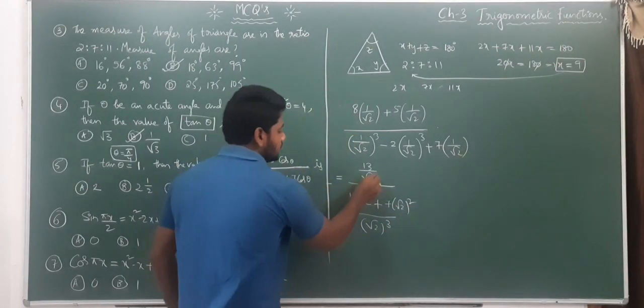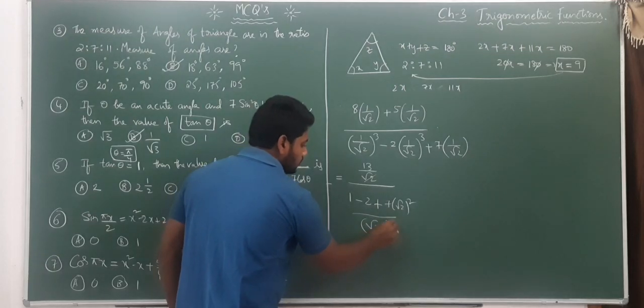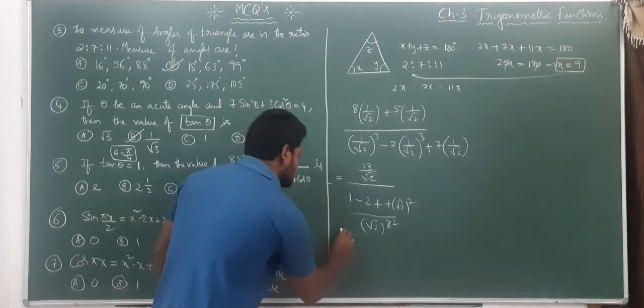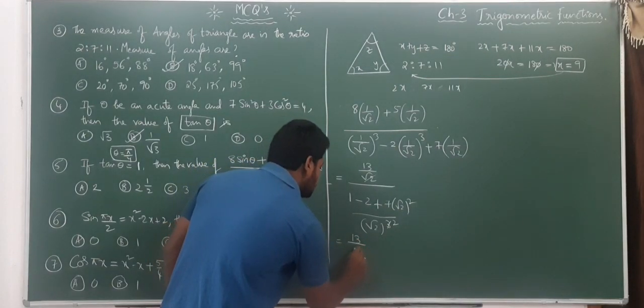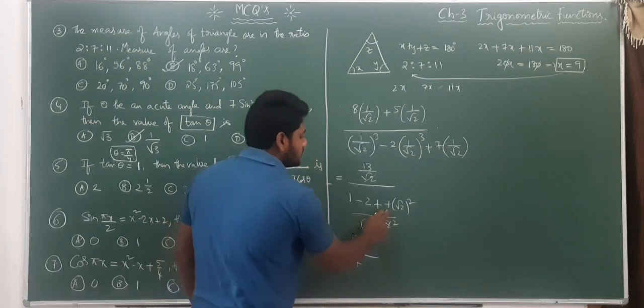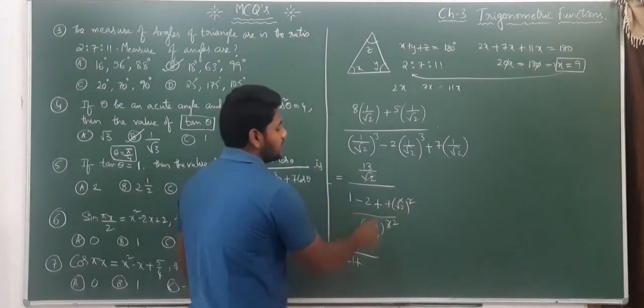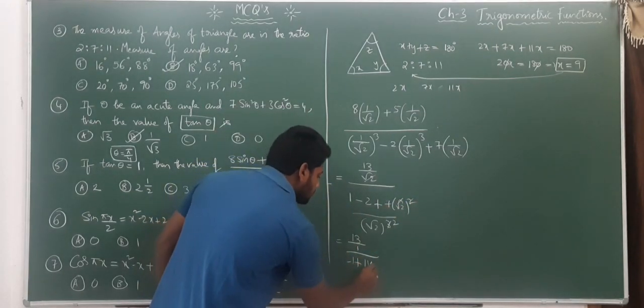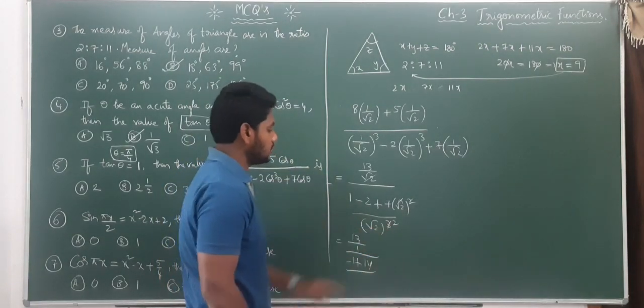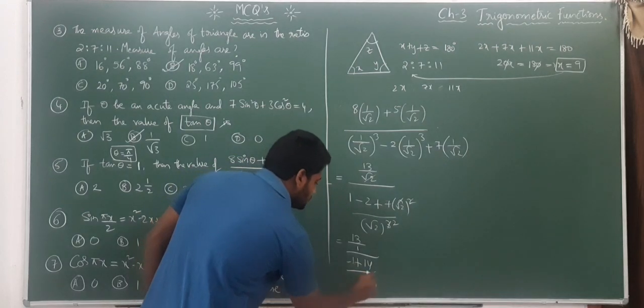Now how can we simplify? Out of the root 2 cubes, one cancels, again it will be (root 2) whole square. So this will be 13 by root 2 divided by (1 − 2 + 7 into (root 2)²) over (root 2)³. The root 2 cancels, 7 into 2 is 14, so it is (−1 + 14) divided by (root 2)², which is nothing but 2.